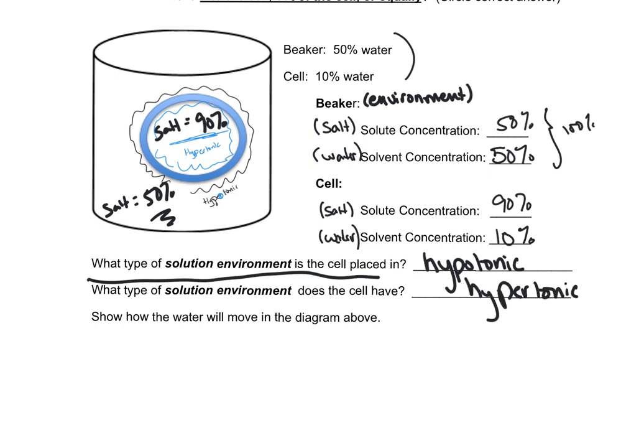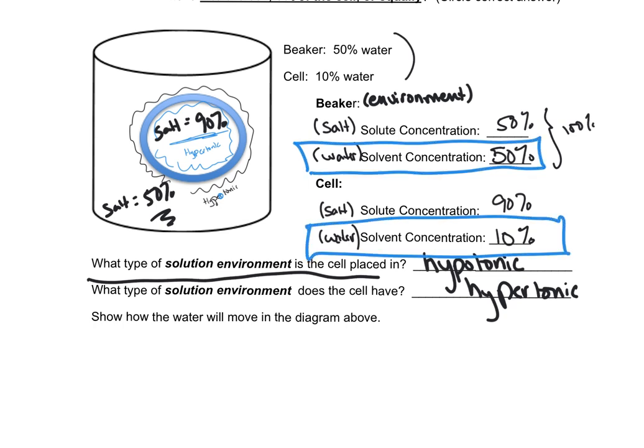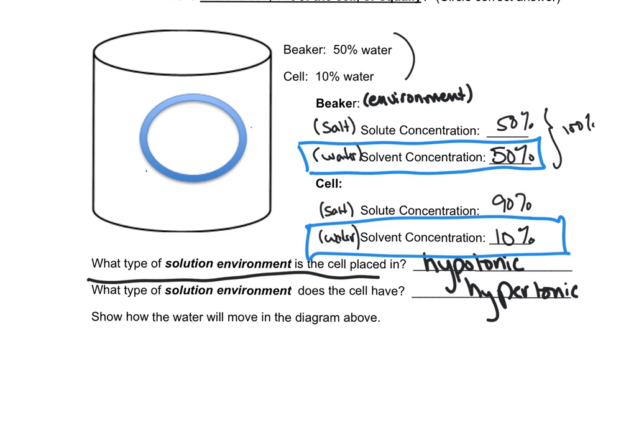And remember, water always moves to the hypertonic, but let's visualize that. So when I want to figure out what direction the water is moving, I'm going to do this right here, okay? I'm focusing on the water for both. So in the beaker, we have 50%.